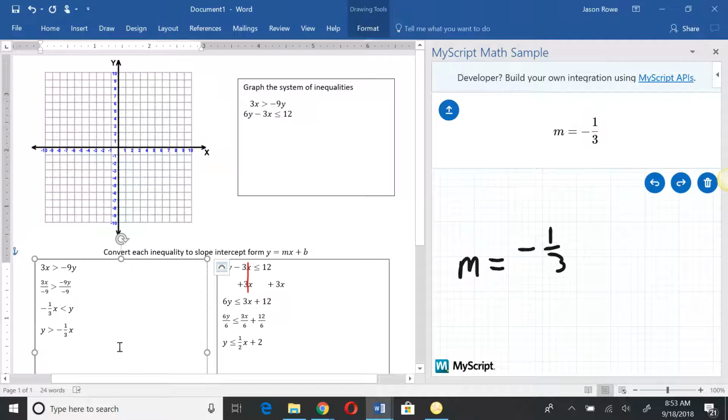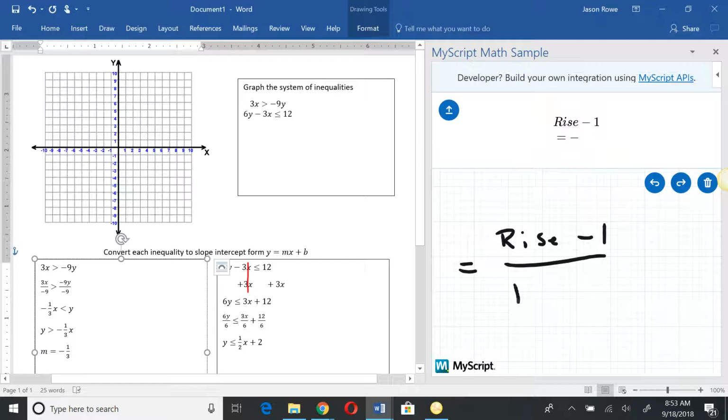Remember when we talked about slope, we talked about rise over run. So our rise will be negative 1, in other words, we'll go down 1, and our run is 3, so we'll go right 3. Down 1, right 3.